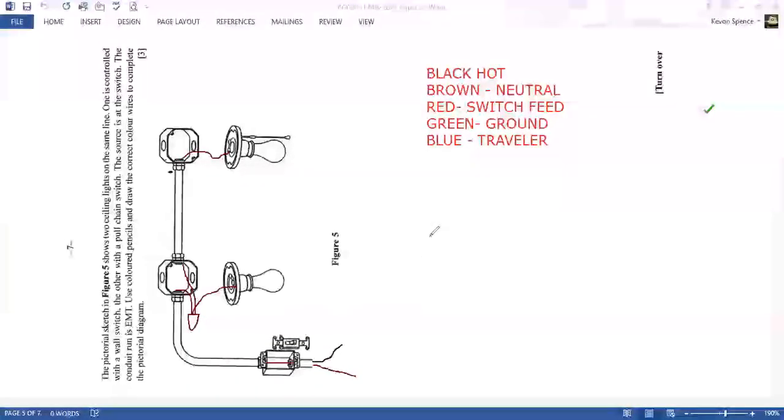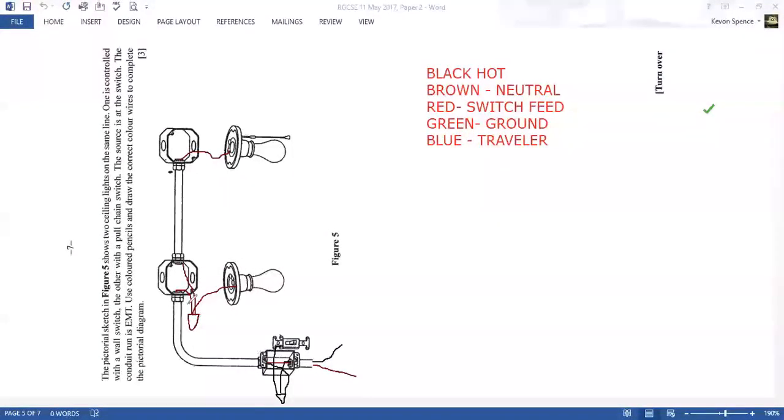All right. Then now, the black. We will have to splice the black because it says one is controlled by the switch while the other is controlled by the pull chain. So when the black comes up into the switch box, we are going to splice it.